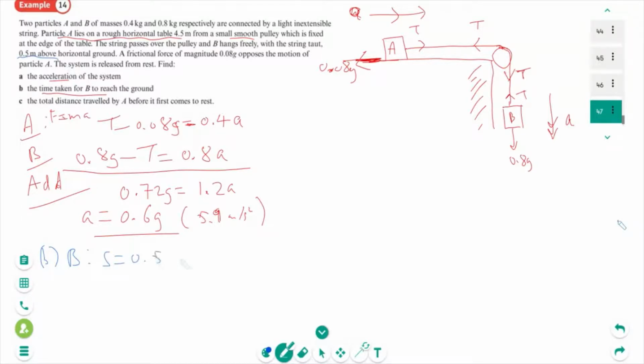You want to find the time taken. We know the acceleration, we just worked it out, is 0.6 g. And the whole system is released from rest, so we know u is 0.